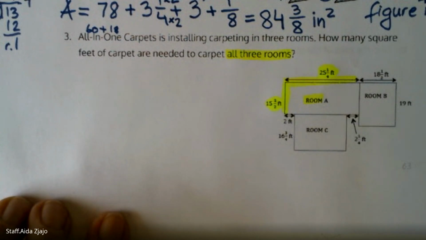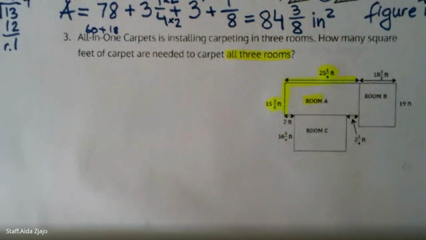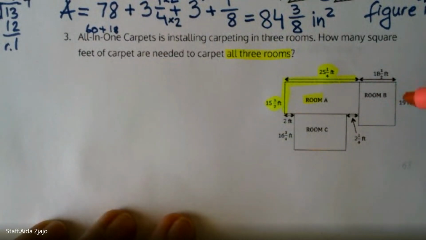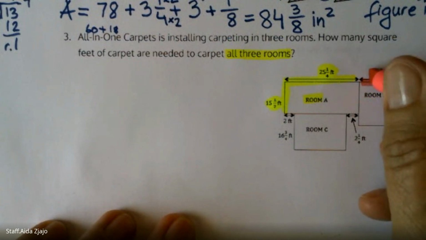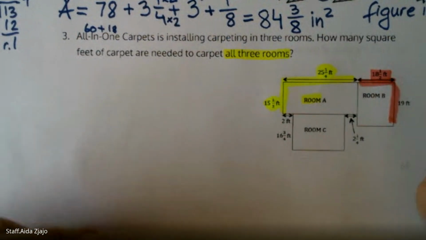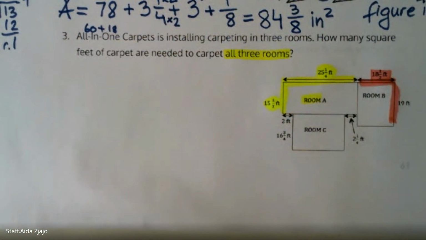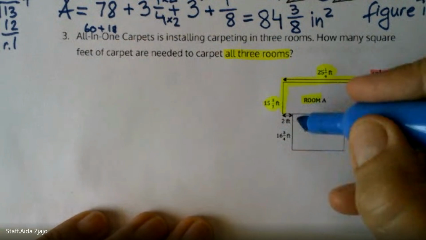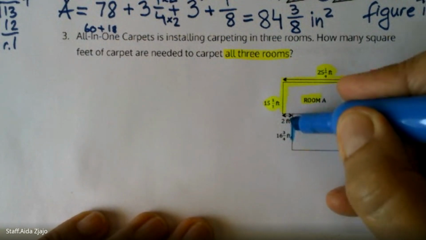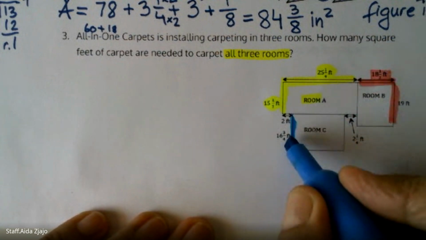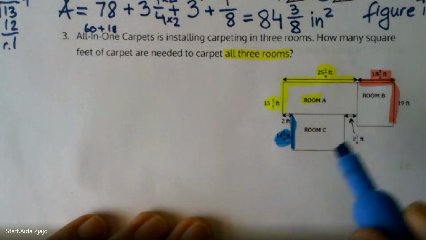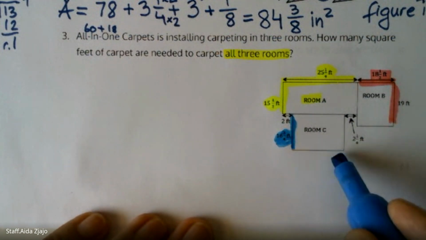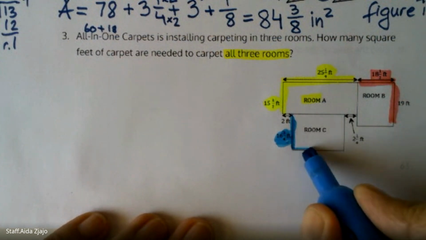Room B is 19 by 18.5, and room C is 16 3/4 by, now we need to figure out what this length is because they did not give it to us.